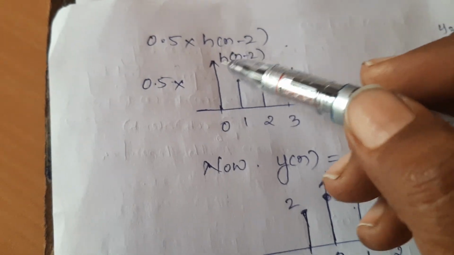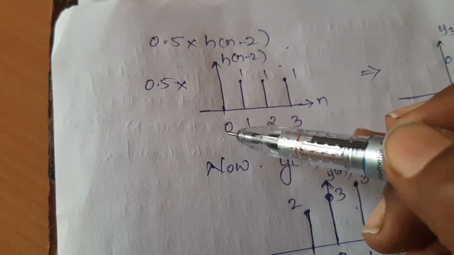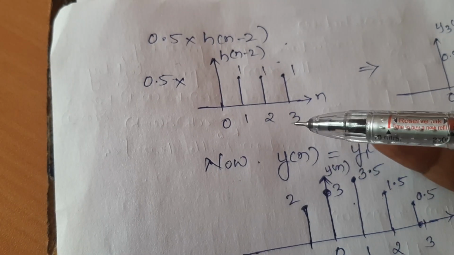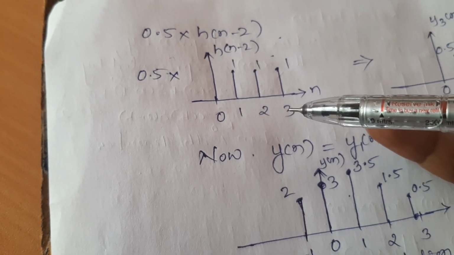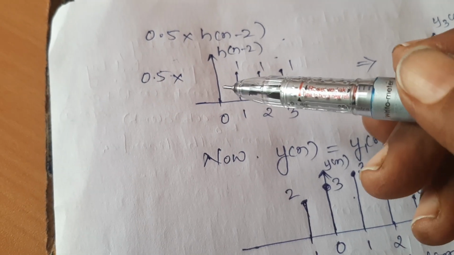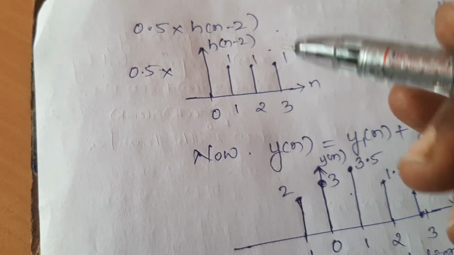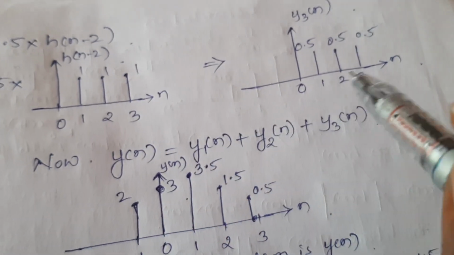So h of n runs from -1 to 1, and here it runs from 1 to 3. I hope you understand this.